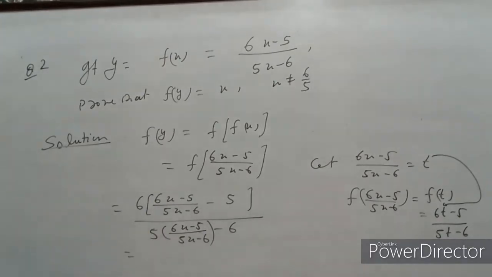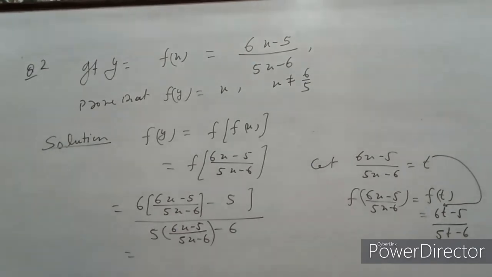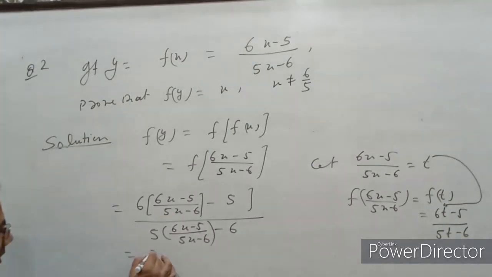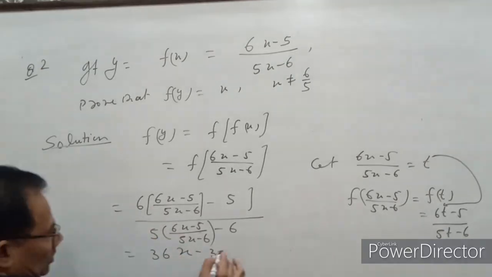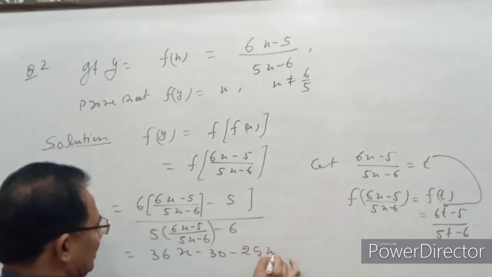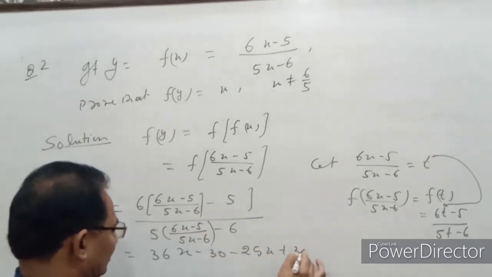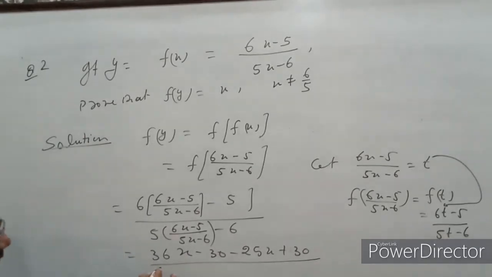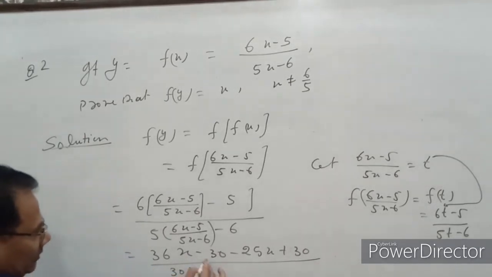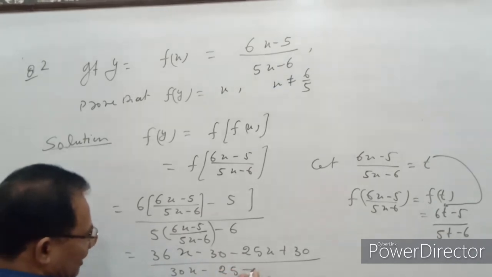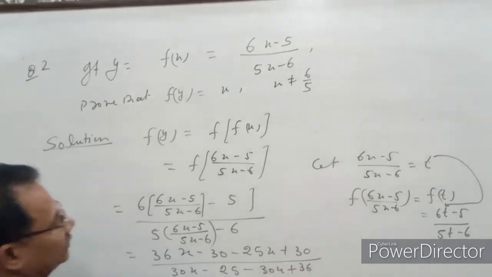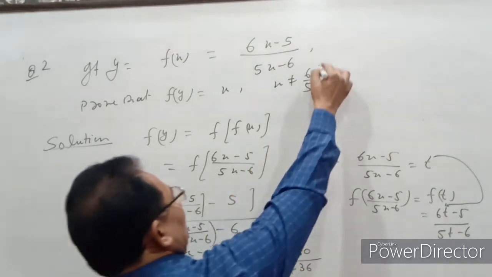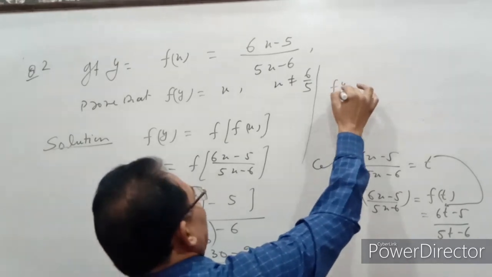Now by simplifying this, the function is: 6 into this, or 5 into this, 36x minus 30 minus 25x plus 30, upon 30x minus 25 minus 30x plus 36, which is equal to f(y).